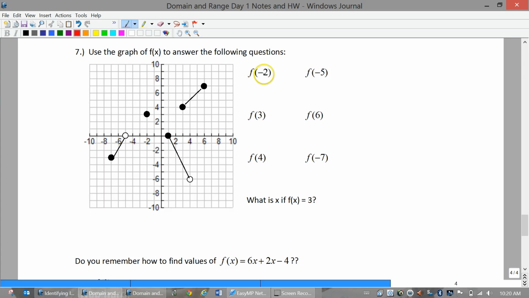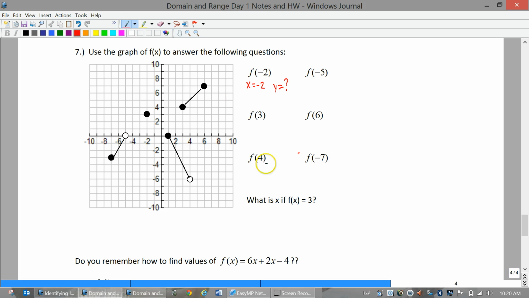So when we're talking about f of -2, we're asking what value comes out when we put -2 in for x. On our graph, left and right represents the x's, don't they? So essentially we're saying x equals -2, what's y in this graph?